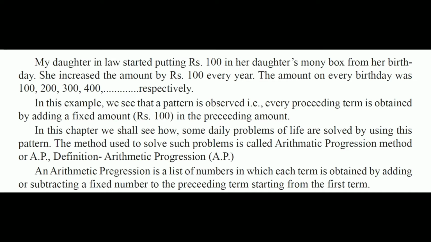And what is the upper limit? Nothing. It will be given in the question. The nth term, Tn. Similarly, in case of that lady, the first term was 100, the second term was 200, the third term was 300 and so on, with the common difference every year 100.